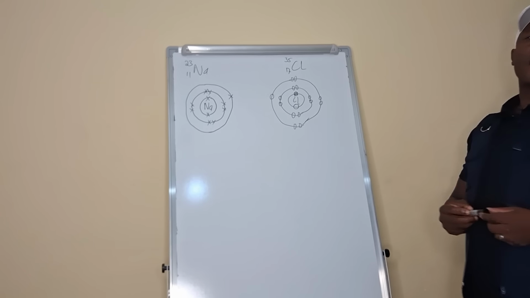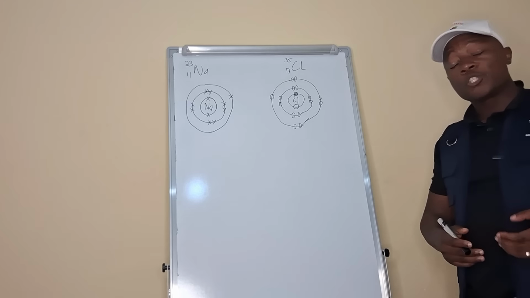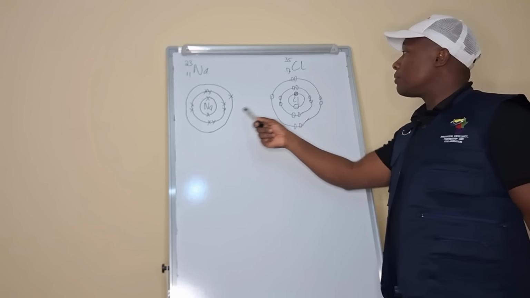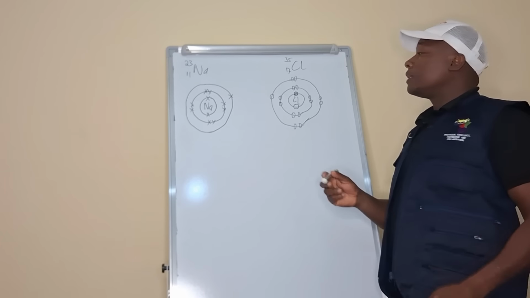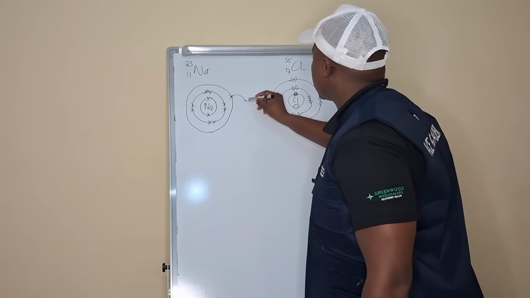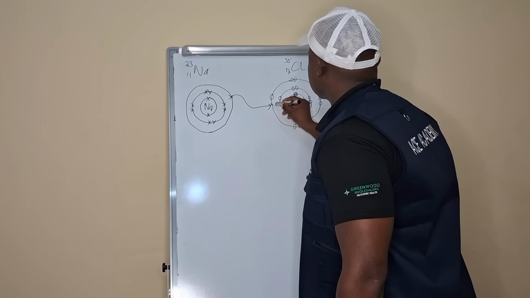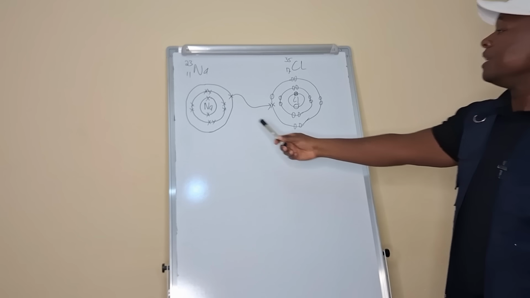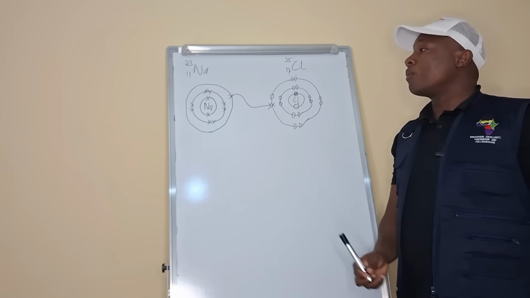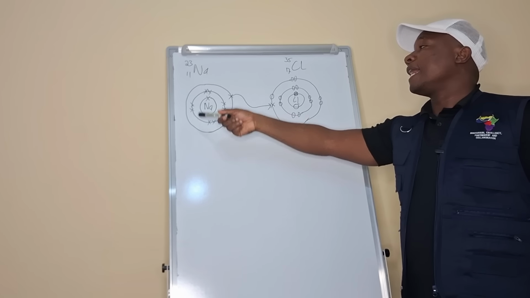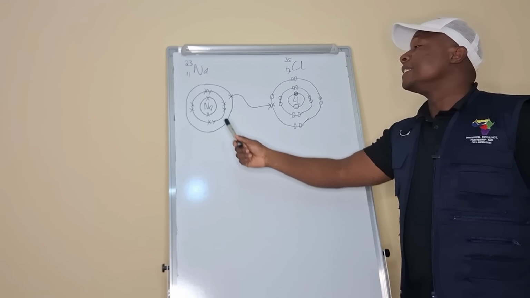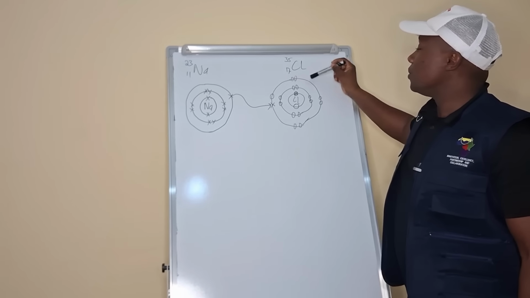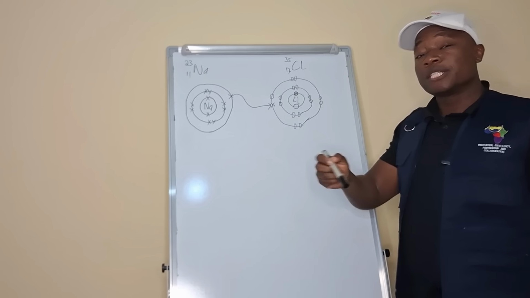So with ionic bonding now, sodium, the metal, is going to transfer an electron from its outermost shell to the chlorine atom's outermost shell. Right. So when it does this, it means the sodium atom now has 8 electrons in its outermost shell, and it has attained stability. Similarly, chlorine now has 8 electrons in its outermost shell.